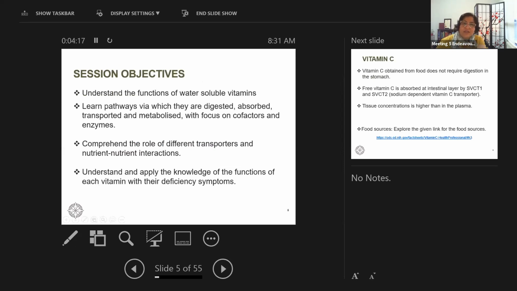So today we'll learn a little bit more about functions of water-soluble vitamins. Our aim would be to look at how they are absorbed, name of the transporters.